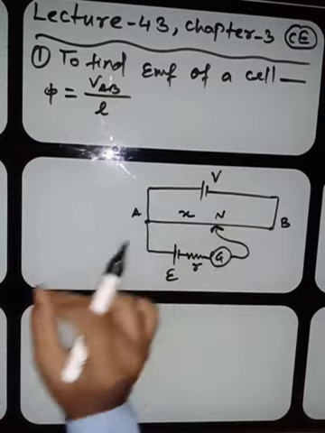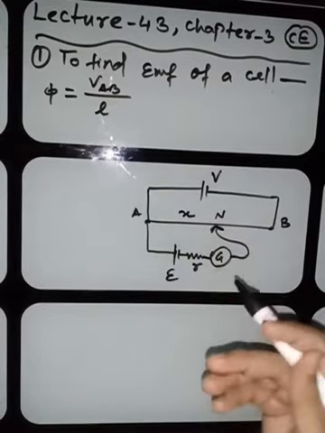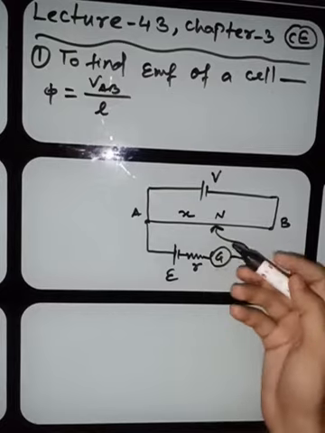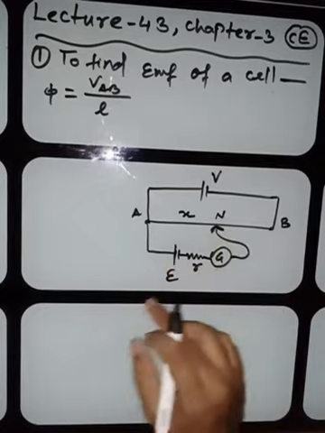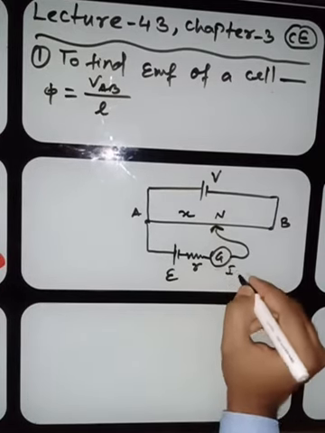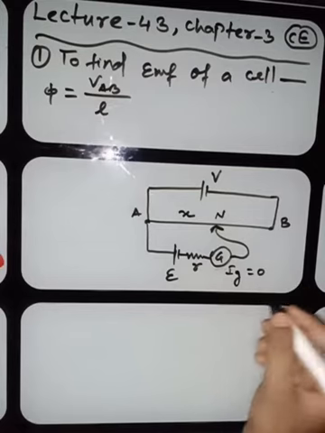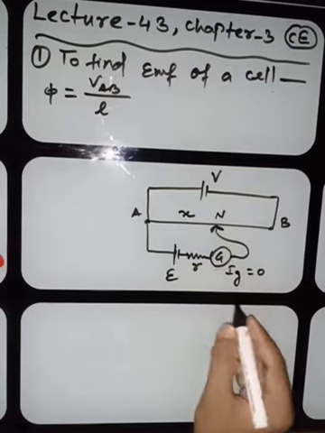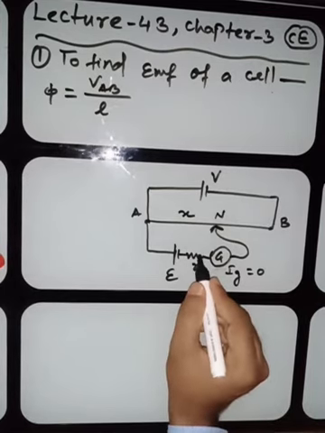Alright. Now, we will do a few simple questions to find this EMF, but before that I am explaining. Try to focus over here. Students, look here. When Ig is 0, that is at null deflection, what will be the potential drop across this resistance R? The answer is 0.